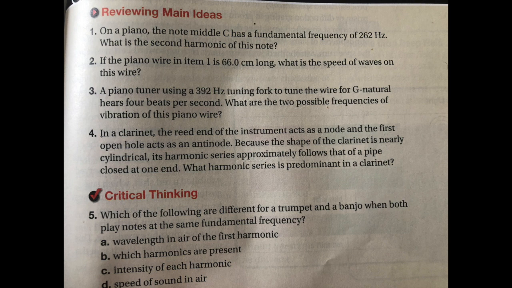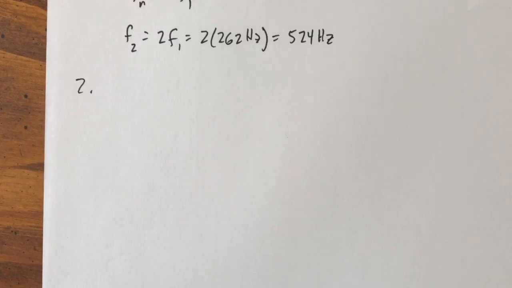So again, if you have 2 frequencies that are close to one another but not exact, you will hear that kind of wah wah wah sound going on. And if you hear 4 beats per second, that means the difference in frequency between the 2 sounds is 4 hertz.